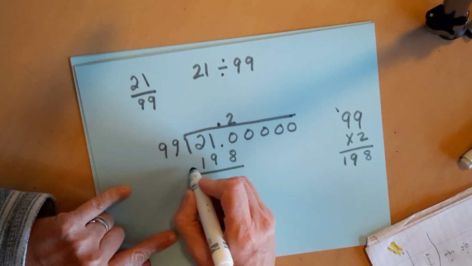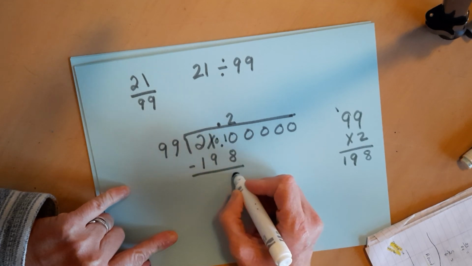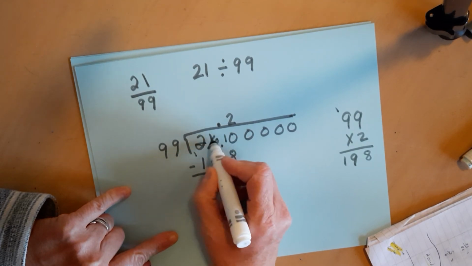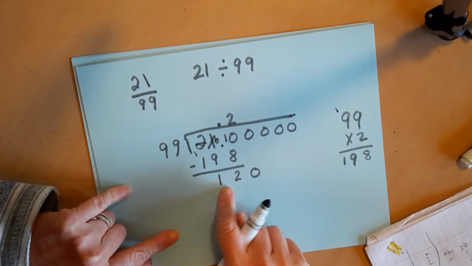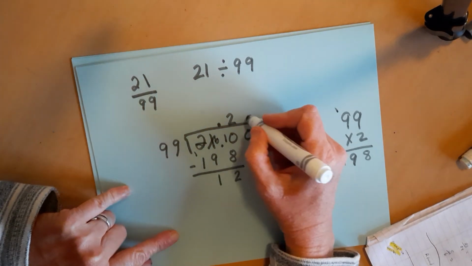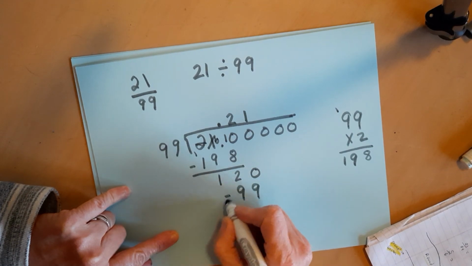And when we subtract, we borrow 1 and we get a 2. And we can't take 9 from 0, so we borrow again and get a 1. And now we have 99 into 120 because we brought down the 0. And that goes in just one time. 1 times 99 is 99, obviously.